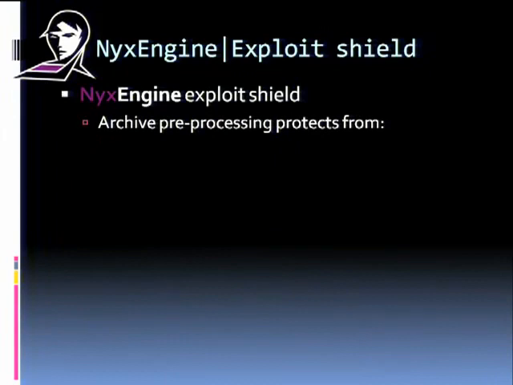Now, one of the most useful features of this engine, besides finding hidden data, is pre-processing archives, which protects you from all sorts of exploits. So if you have an SDK for, let's say, WinRAR, and you use Nix engine in front of it, you are sure not to be exploited by something that's not patched by the vendor, because we check the file name length and content, because that was most commonly used to trigger exploits in the archival processors.